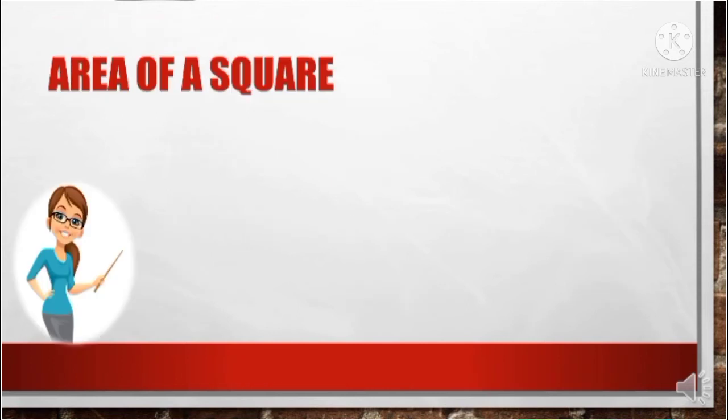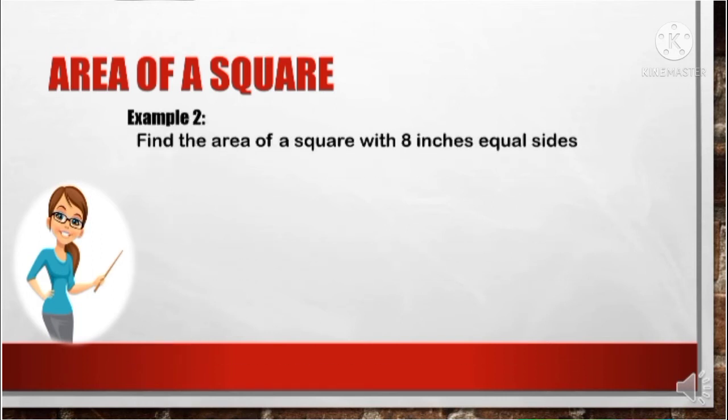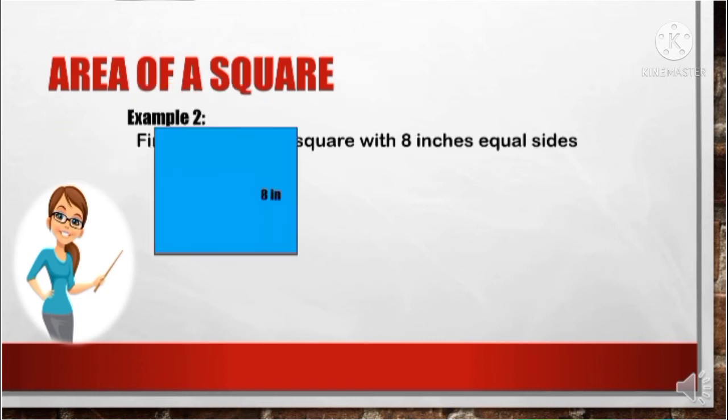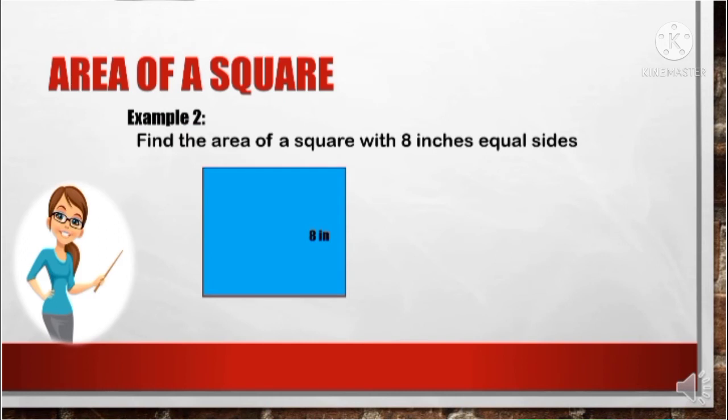For you to understand well the area of a square, let's have another example. For example 2, find the area of a square with equal sides of 8 inches. And here is our figure. To solve this, A equals S times S, or S squared.